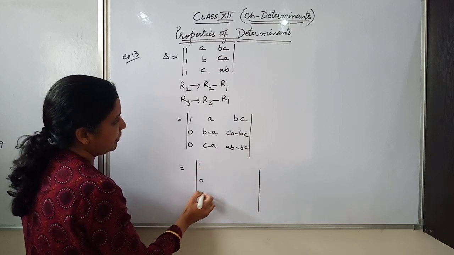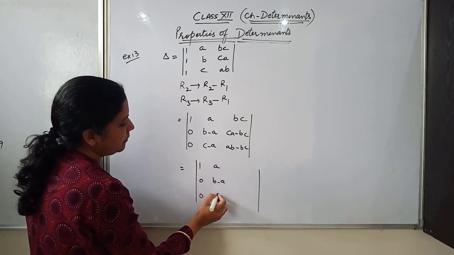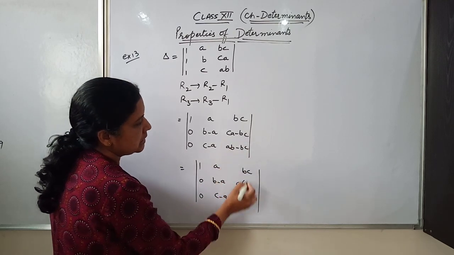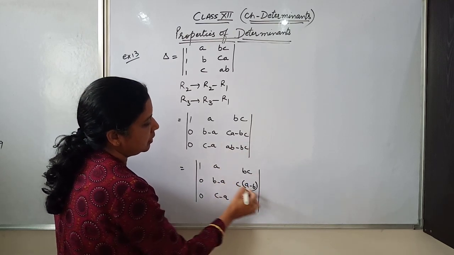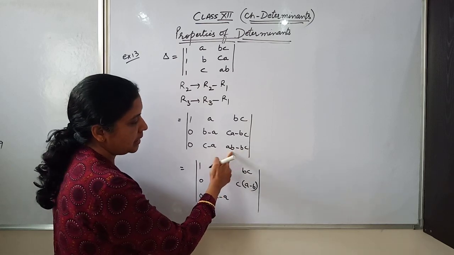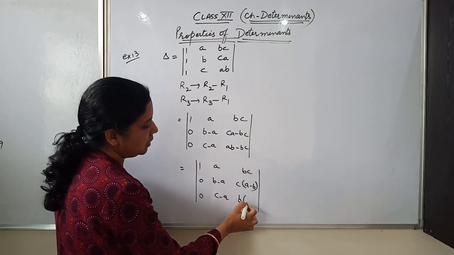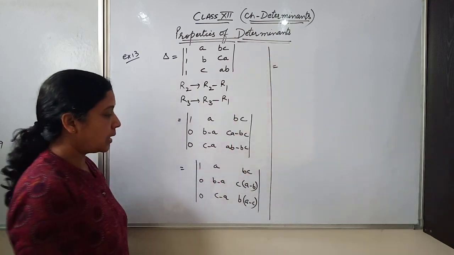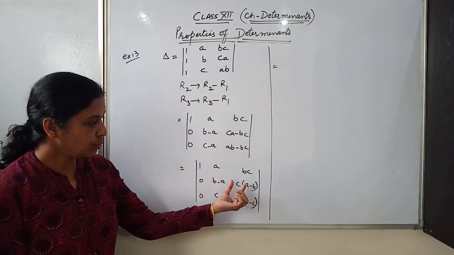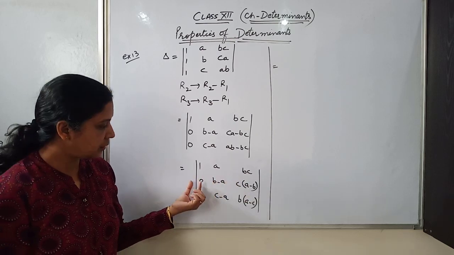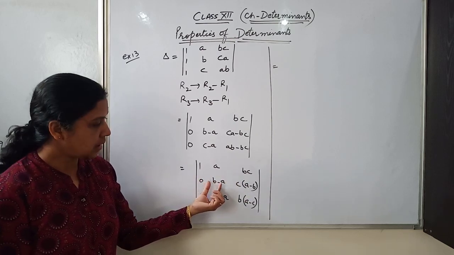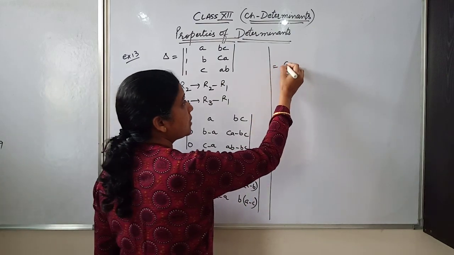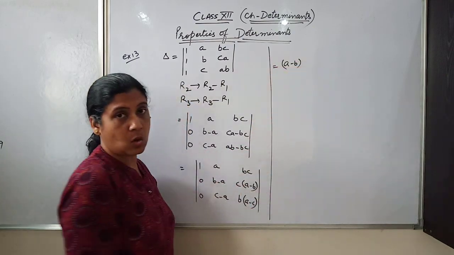For example, in the last column, if we factorize it, I can see C common into A minus B, and here we have B common into A minus C. Looking further into this question, if you carefully look at the second row, the first entry is 0, the second entry is B minus A, and the third is A minus B. So I can actually take A minus B common.